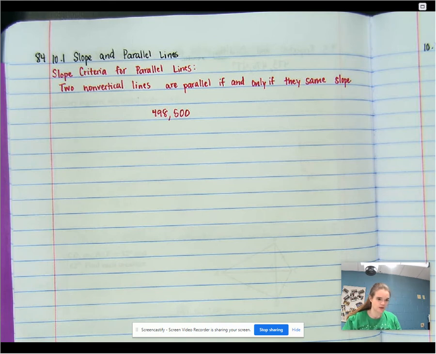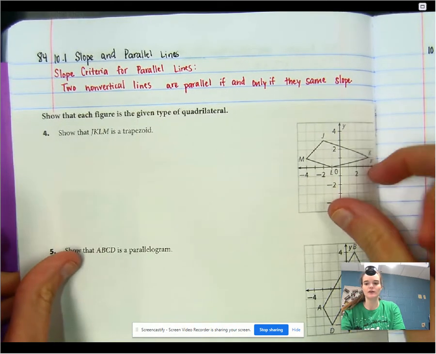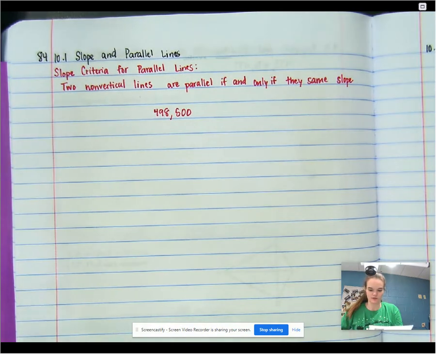All right, from page 498, you need numbers 4 and 5. Glue that right here. I gotta cut off some of this extra over here because it still won't fit quite right.